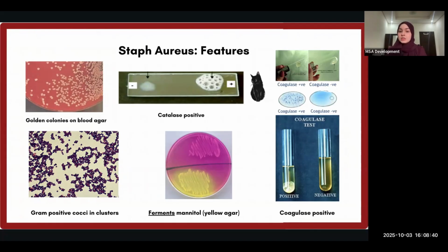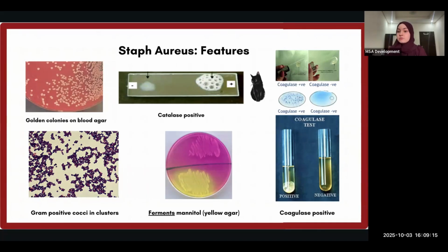Catalase is an enzyme that converts hydrogen peroxide into oxygen. And oxygen causes all these bubbles that you can see here. So what you do in a catalase test is you basically put hydrogen peroxide and mix it with the bacteria and see if it bubbles or not. If it bubbles, that means the bacteria has catalase and it converted this hydrogen peroxide into oxygen. So Staph aureus does have catalase, so you will see these bubbly things.